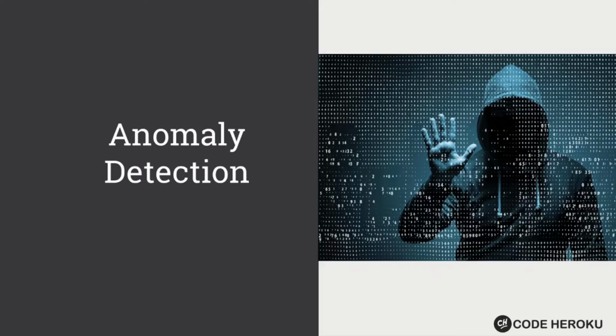All right, so the next one is anomaly detection. In many cases, let's say you are a company and you're trying to make sense of the network information which is going through your company. You want to make sure that if there is an anomaly, if someone is trying to hack into your systems or something like that, you flag it.